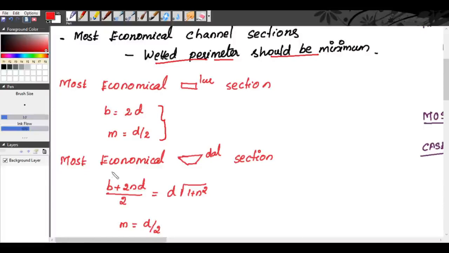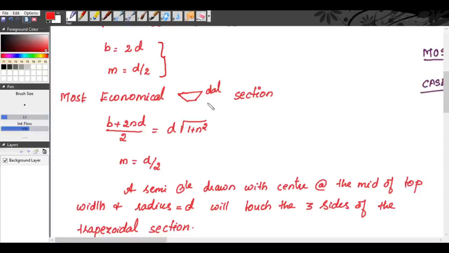Then we saw for the most economical trapezoidal section, when you take a trapezoidal, this is b and the top width will be b plus 2nd. And the sloping side will be d into square root of 1 plus n square. So for the most economical trapezoidal section, we saw three conditions.